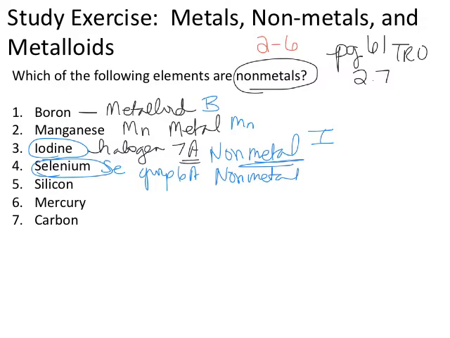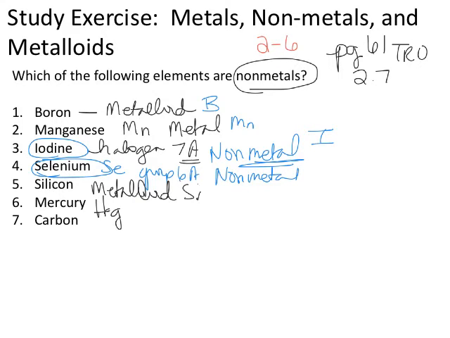You'll find that silicon is Si, and it is a metalloid. Mercury is in the transition metals, Hg.